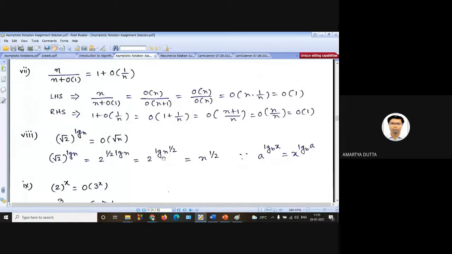According to the logarithmic property, this is 2 to the power log n to the power half. Now the formula is a to the power log b base x is equal to b to the power log a base x. So that's why we can write this as n to the power half. Is it clear? This number 8, everyone?